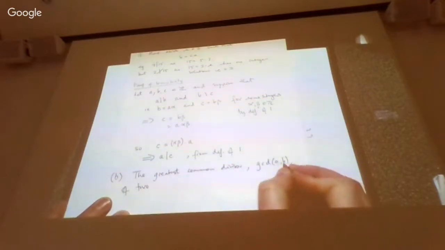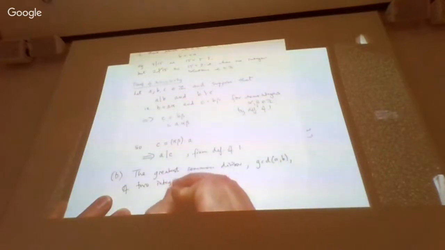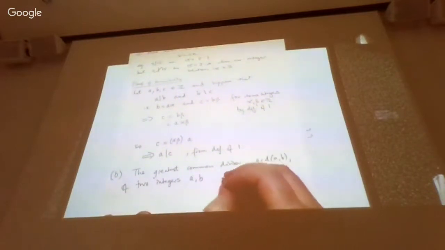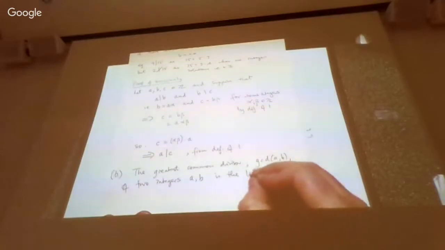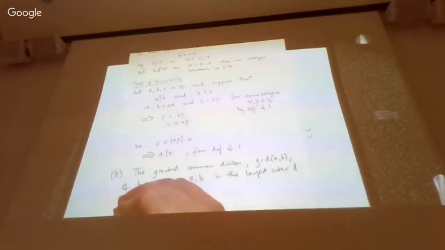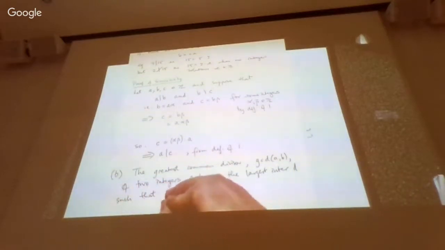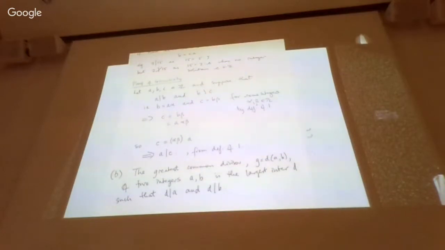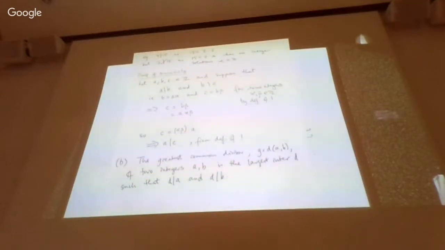And, well, what are these A and B? Those are any two integers A and B. The GCD is basically the largest integer, let's call it D, such that D divides A and D divides B. And I didn't qualify A and B. Maybe some books will say not both 0.